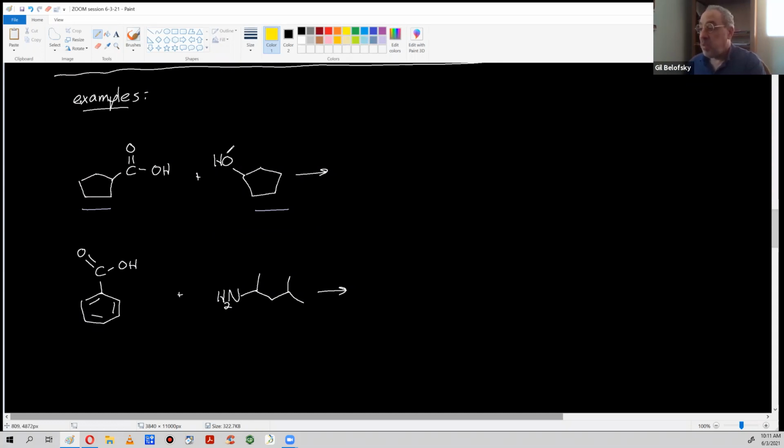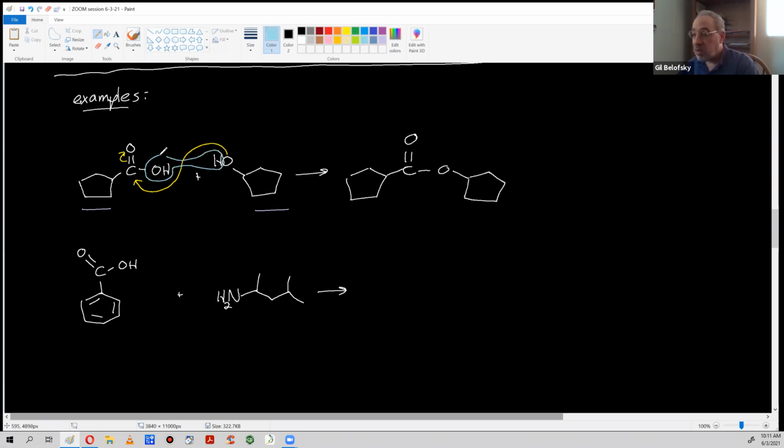So formation of the ester bond essentially will get us to, and then the additional steps in between that we saw above will yield this ester with loss of water, right? It's an easy way to see it.